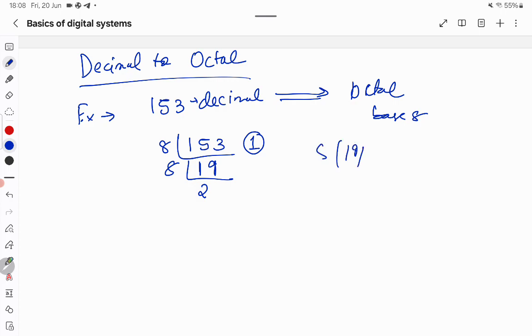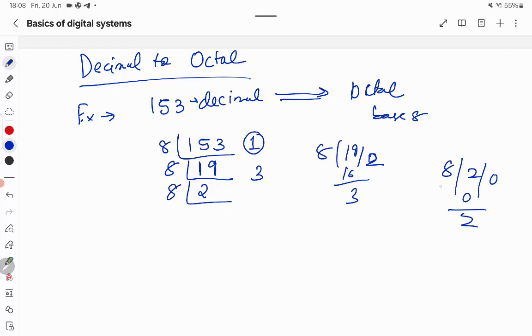If you divide 8 by 2, 8 twos are 16, it will be 3, so you write 3 as the remainder. Then again you divide this by 8. If you divide 8 with 2, it will be 0, so the remainder is 2. 8 zeros are 0, so the remainder is 2. You write all the remainders on the right hand side.